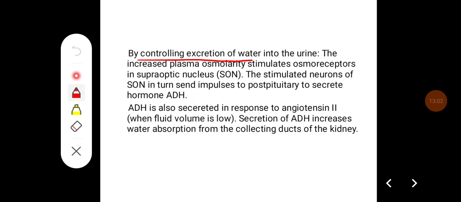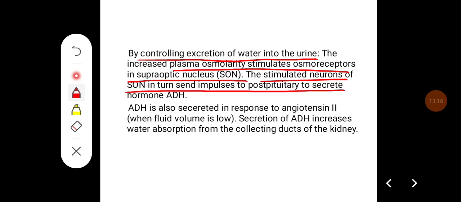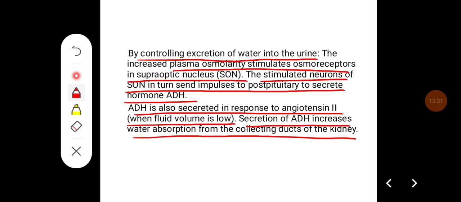By controlling excretion of water into the urine, the increased osmolarity stimulates osmoreceptors in the supraoptic nucleus. The stimulated neurons of the supraoptic nucleus in turn send impulses to the posterior pituitary to release the hormone ADH. The ADH is also secreted in response to angiotensin II when the fluid volume is low. The secretion of ADH increases water absorption from the collecting ducts of the kidney.